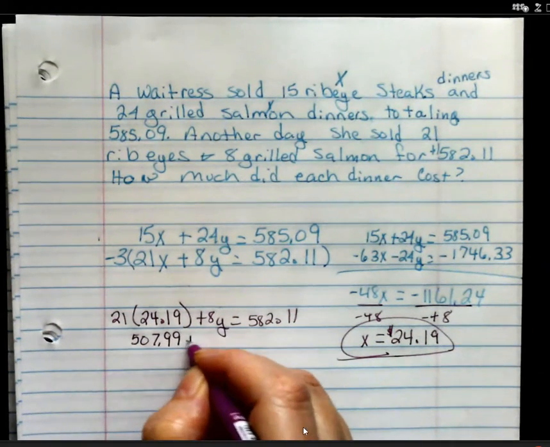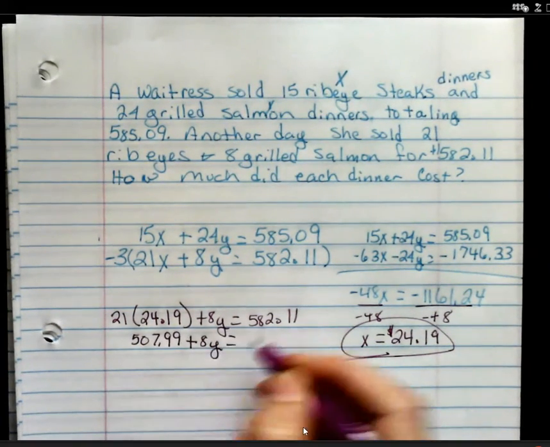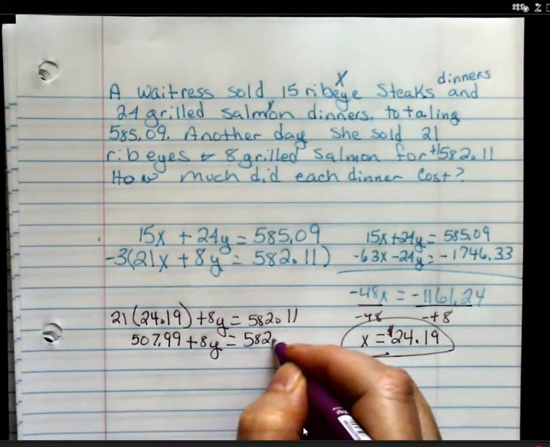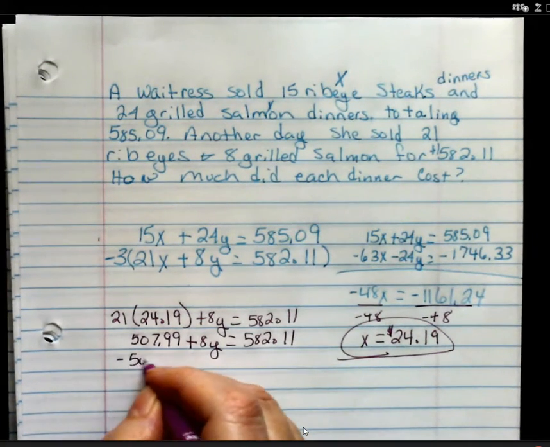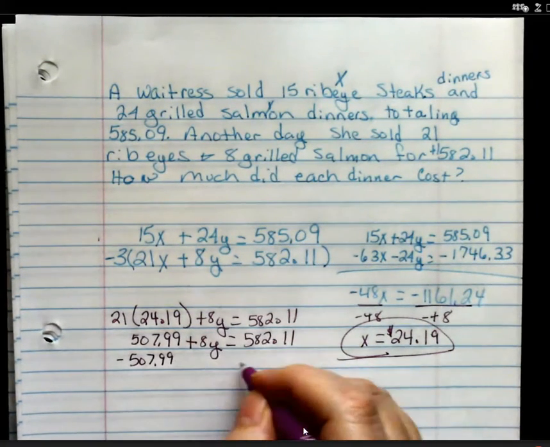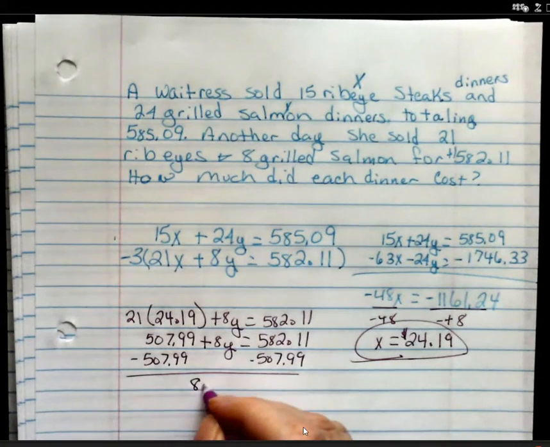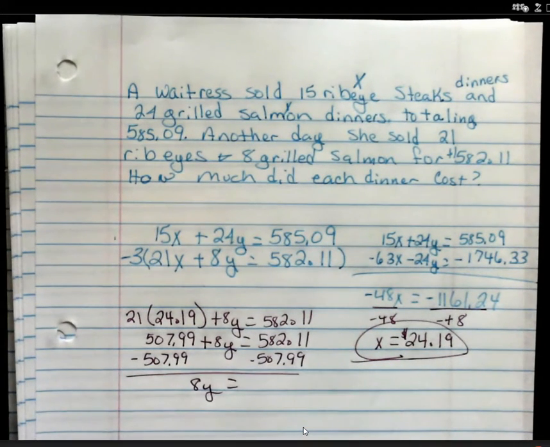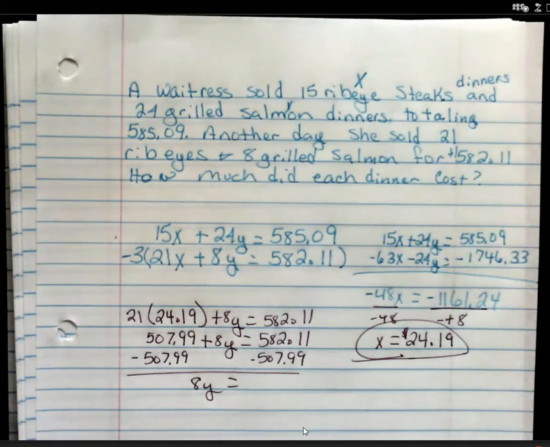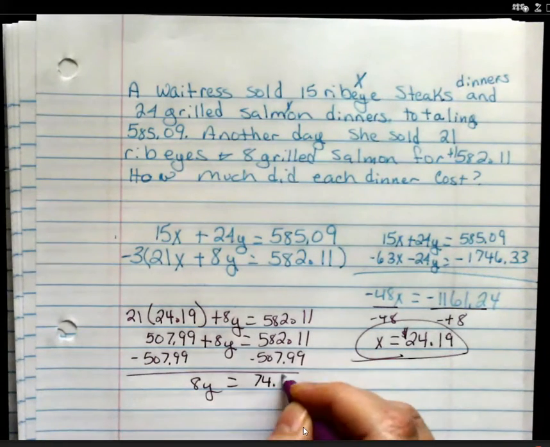507.99 plus 8y is 582.11. Subtract the 507.99 and you get 8y equals, and let me see if I can plug this into my calculator correctly, $74.12.